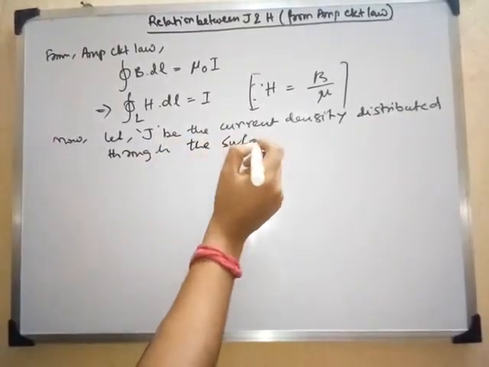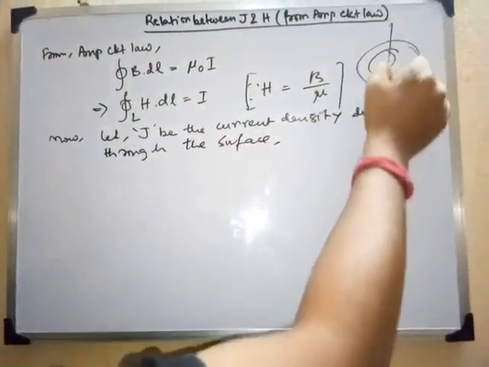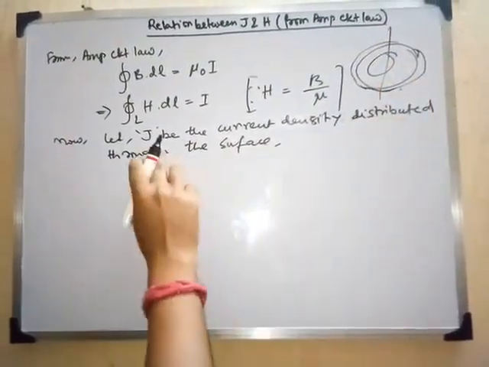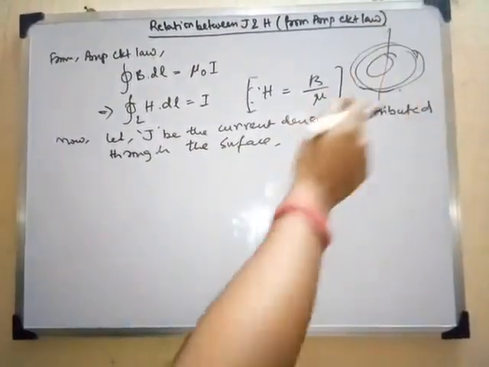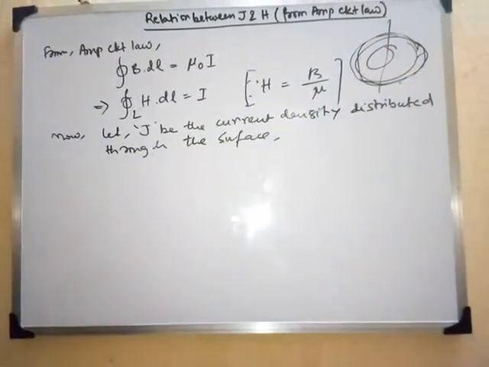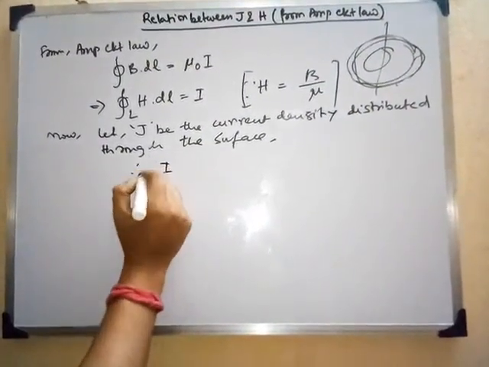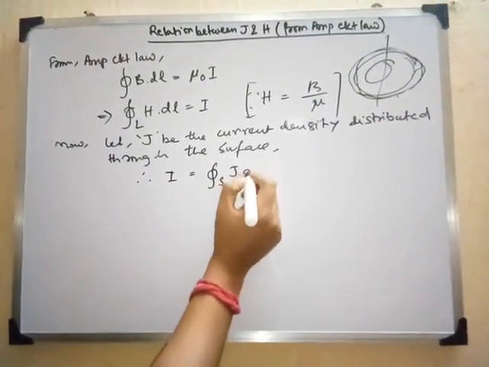I have drawn that figure, so throughout this external surface, let us consider that J is the current density distributed. Therefore, we can write I is equal to the closed surface integral of J dS, right?